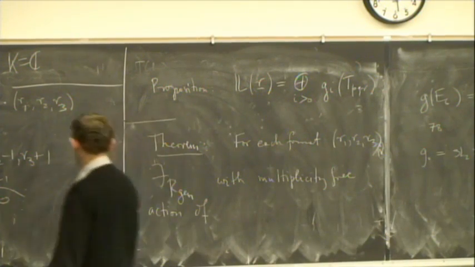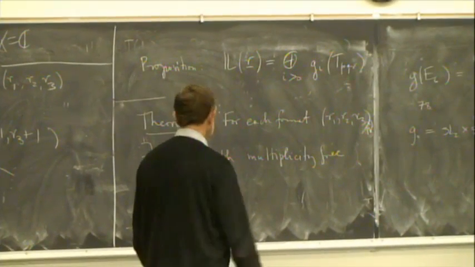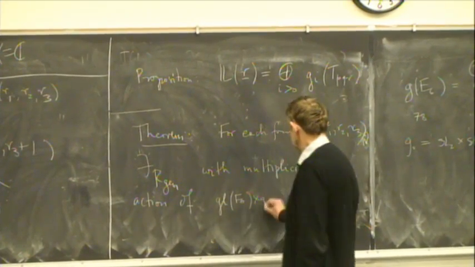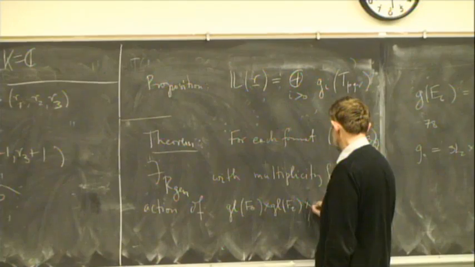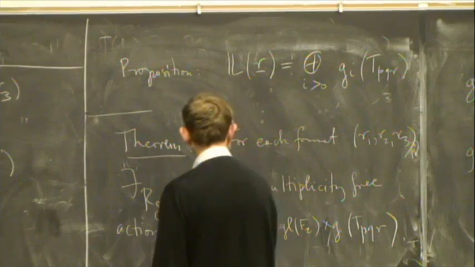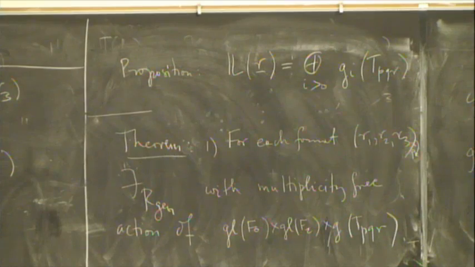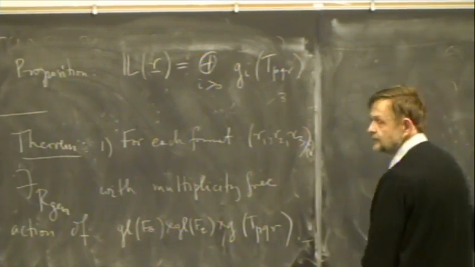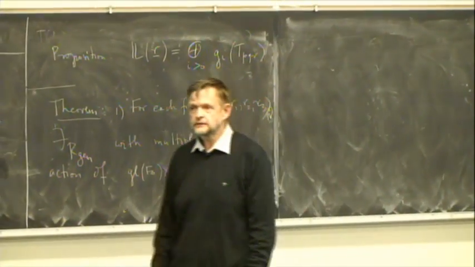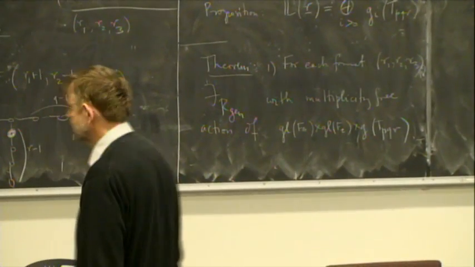You can analyze the spectral sequences behind it, because you can always decompose everything with respect to GL(F2) cross GL(F0). So you have a multiplicity free action of GL(F0) cross GL(F2) cross this G of this T_PQR. So that's one. It's a commutative ring, but with the action it's some kind of spherical variety for this huge group.